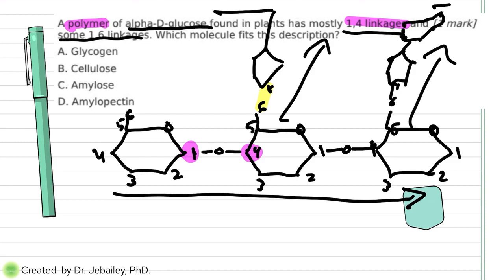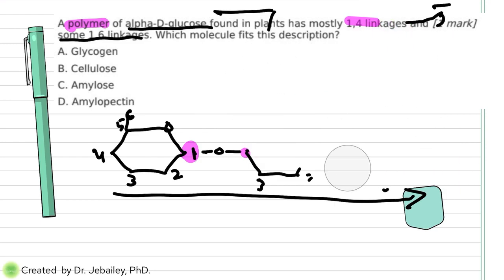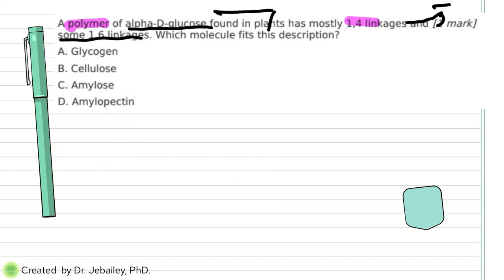So then you have to remember, what is it that has both the 1,4 linkage and the 1,6 linkage? That it's not just linear, but it's branched. So you have to go back and study and look at all the different options of polymers for glucose. So taking away this drawing, now we look at the options that we have here. First one is glycogen.